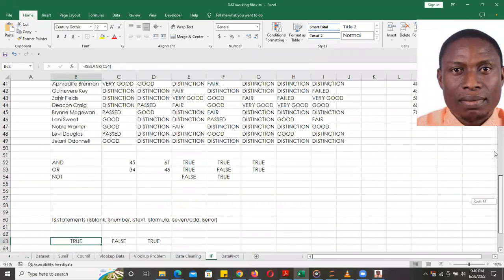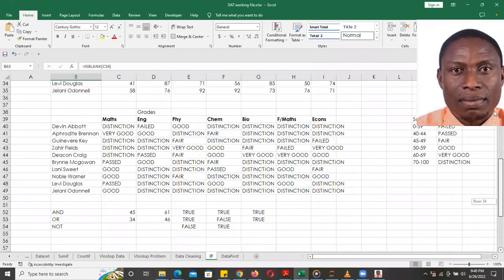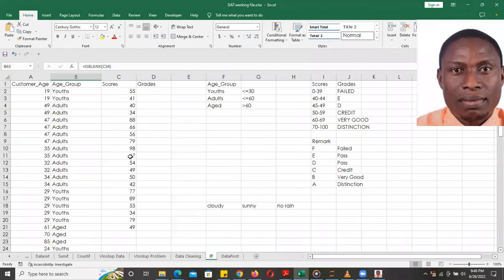Let me take us back a bit to these scores. Now, I'm giving us this as an assignment: scores and grades. So this is what you're going to do for me. If the person scores this, I will do it here.